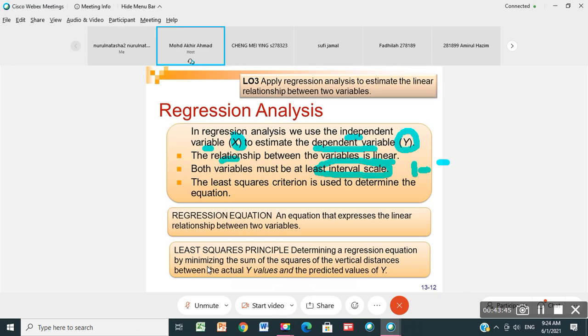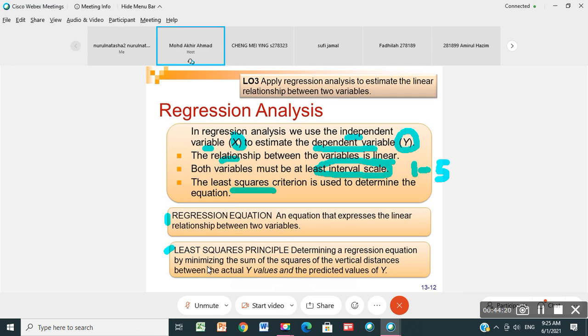I recommend we use Likert scale 1 to 5 because we need to do regression and this should be interval scale. Then least square criterion means they have the model fit to determine the equation. So the equation should be a regression equation, using the least square principle to determine y and x value.